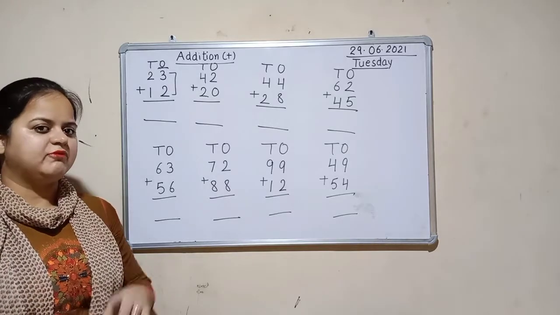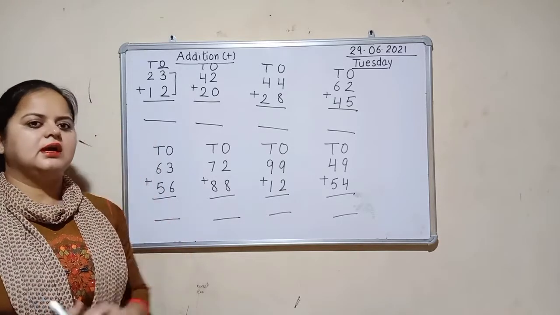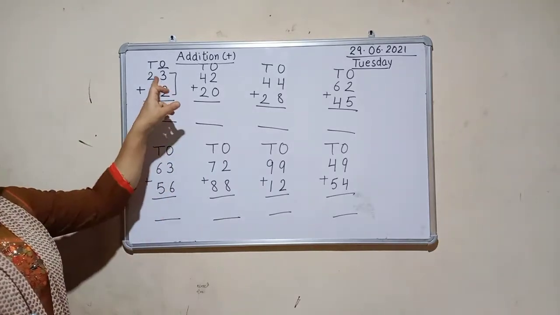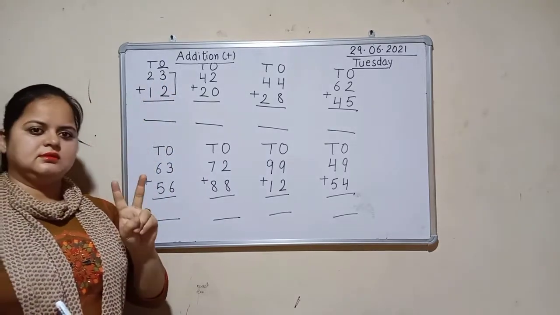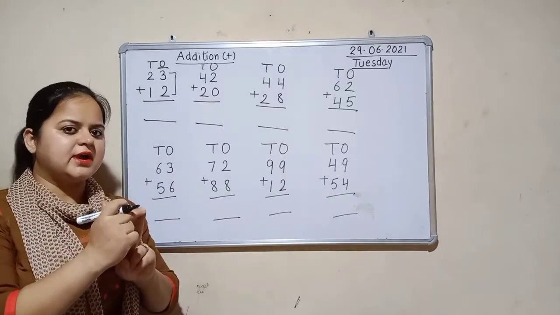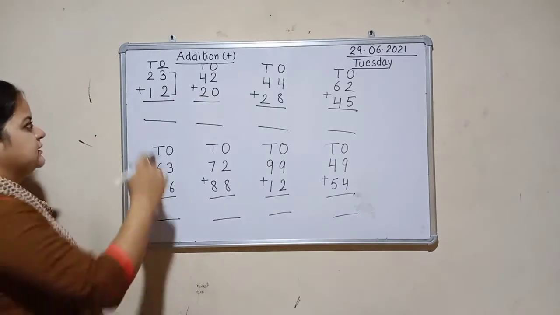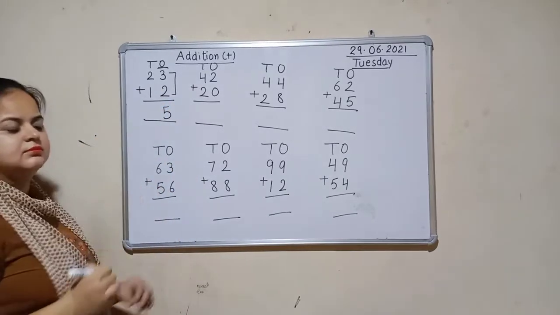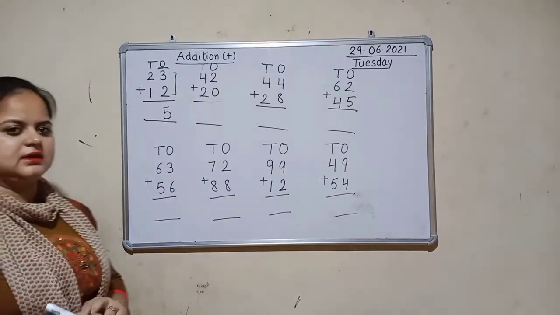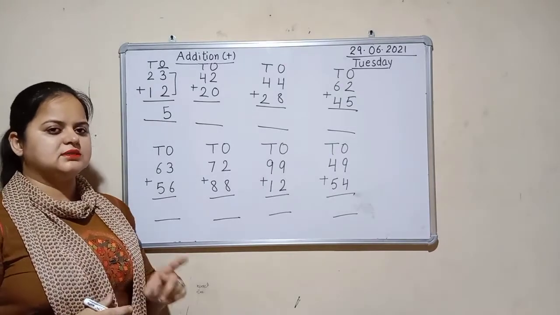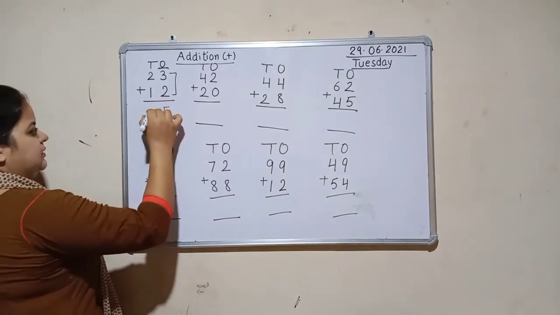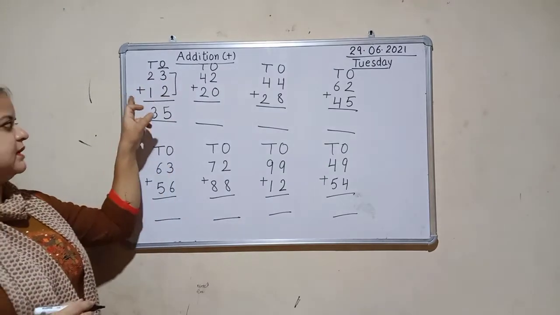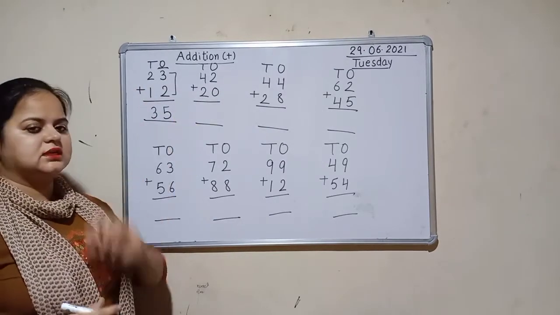We will keep one digit in mind and second on fingers. 3, 4, 5. Yes, 3 and 2, 5. 2 and 1, 2 plus 1, 3. So 23 plus 12, 35.